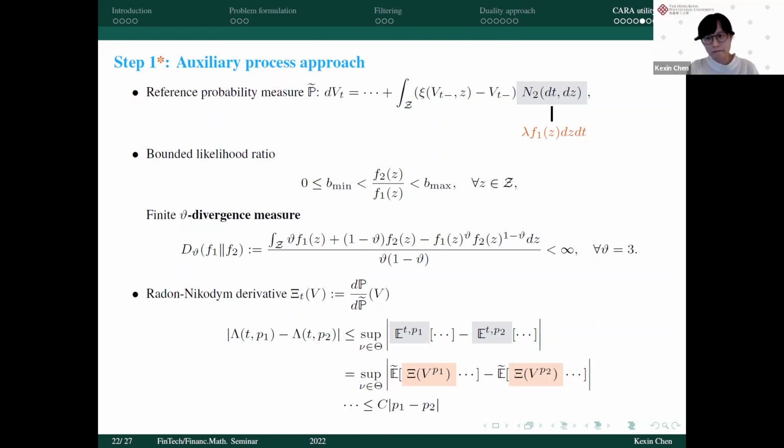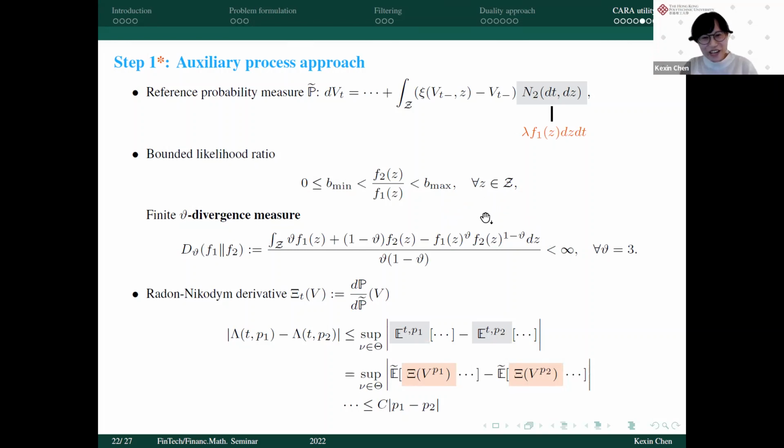F1 is something, the assumption that you impose on the P tilde, and it has to satisfy the bounded likelihood ratio in the second bullet point. So my quick question here is, does it always exist? I mean, what is F2, by the way?